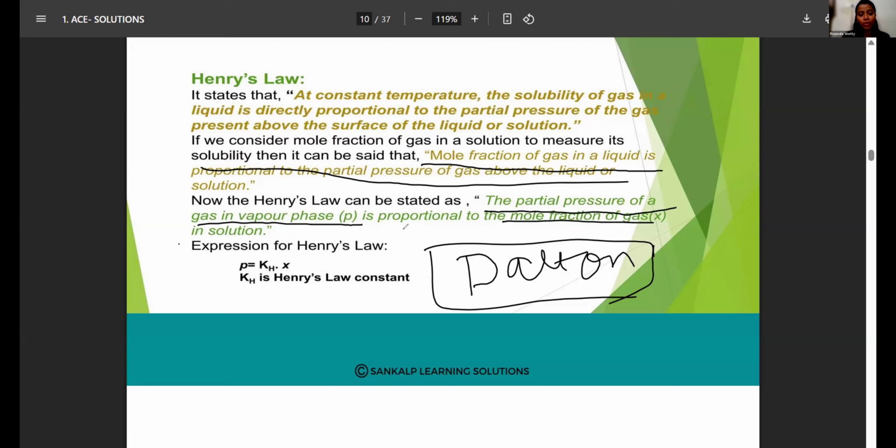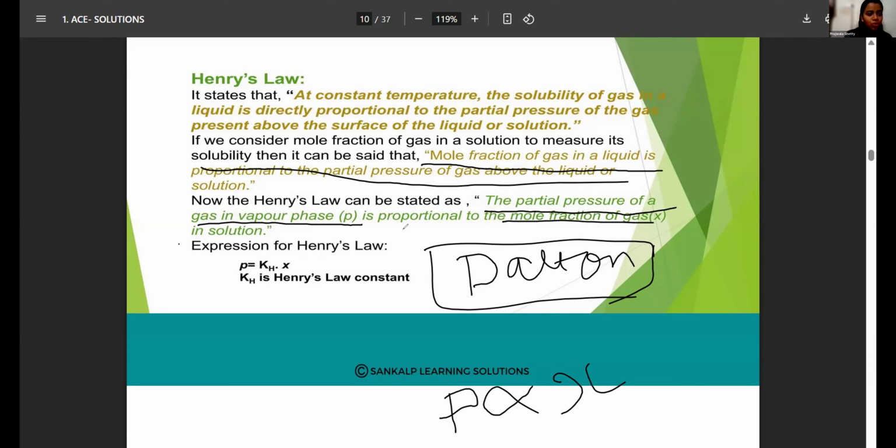In simple words, P, which is the partial pressure of a gas in vapor phase, is proportional to the mole fraction of the gas, which is just X.